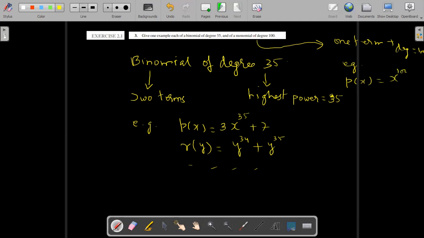It is a monomial. It has one term and degree 100. Like this, you can give many examples. Qy is equal to 5x raised to power 100. So make one term with the highest degree 100. Like this, we can write more examples also. They asked for one example.